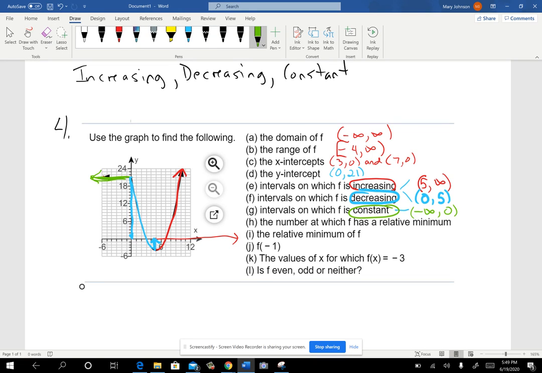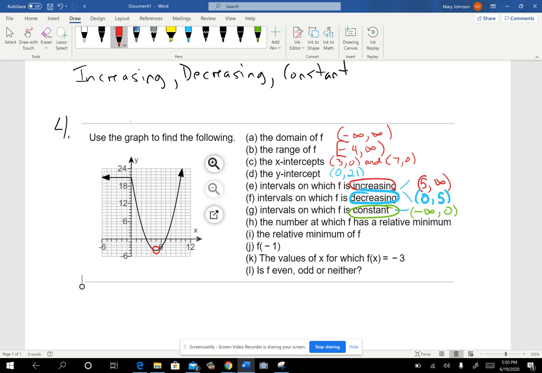Okay. Now, if they ask you about relative minimums or relative maximums, they're asking you where does the graph reach a high point, or where does it reach a low point? So this is asking us for a relative minimum. I'm trying to get some of this off of here. Get all this off. Okay. And so you see that lowest point right there. That's actually an absolute minimum on this one. And that happens when x is 5.